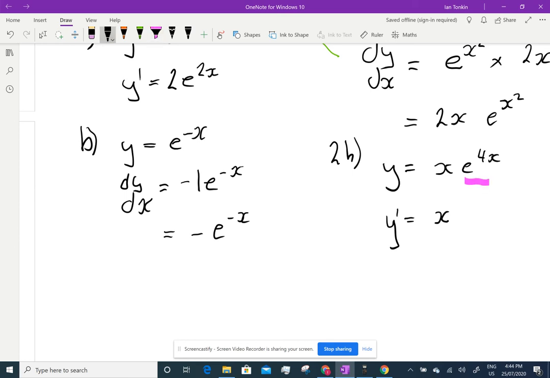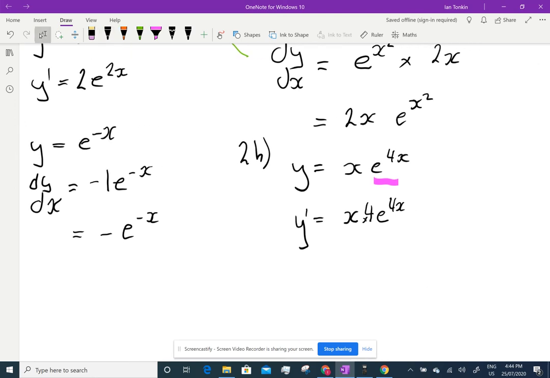Well, the derivative of e to the 4x is the same thing, e to the 4x, multiplied by the derivative of the exponent. Well, I'm going to put that 4 in there. So 4e to the 4x. So that's the first times the derivative of the second, plus the second, e to the 4x, times the derivative of the first. And the derivative of x is 1.